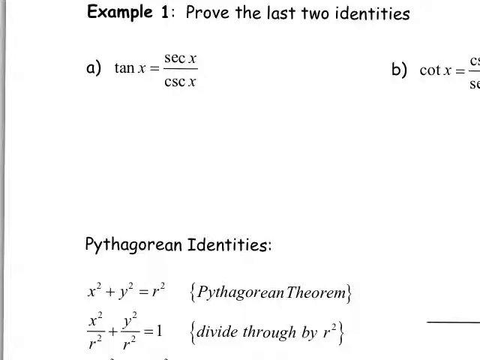So all I've done is, instead of writing secant, I've written 1 over cosine, and instead of writing cosecant, I've written 1 over sine. Well, we've dealt with this a few times before, where you have this big fraction, or a fraction over a fraction.